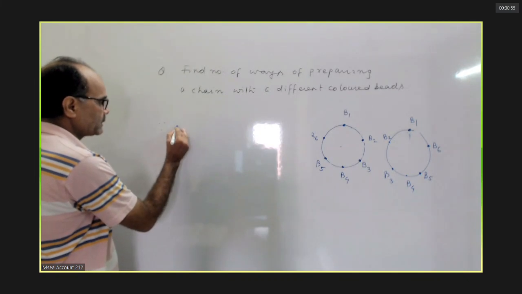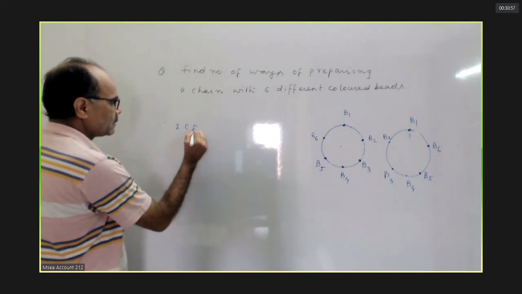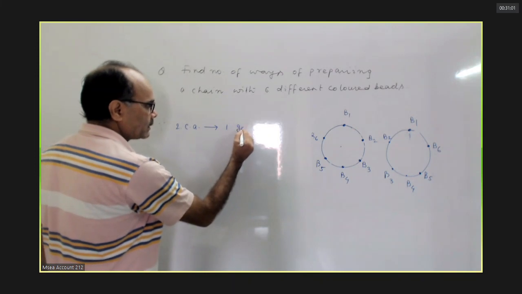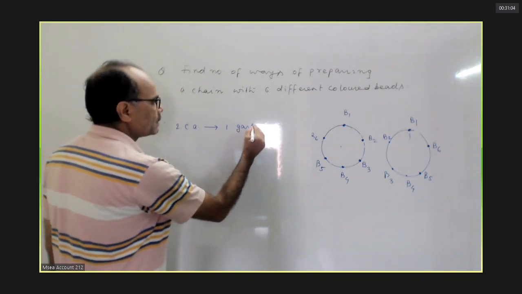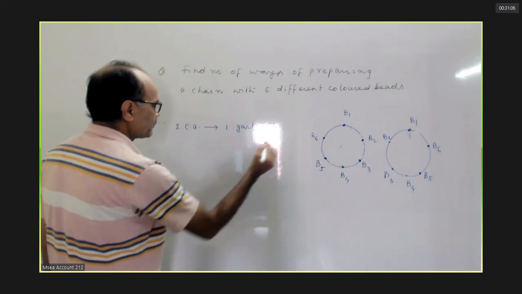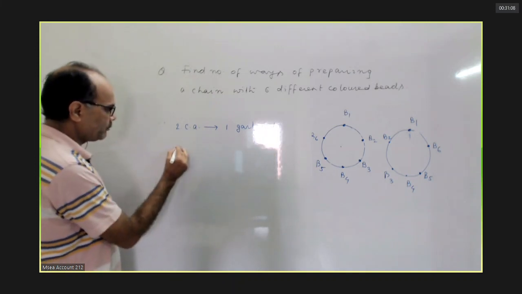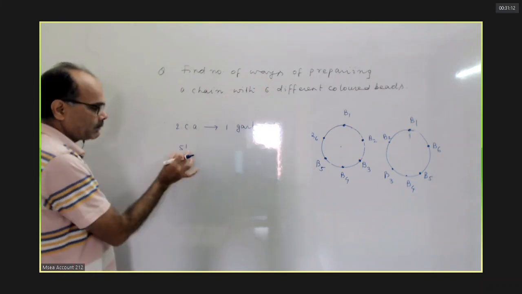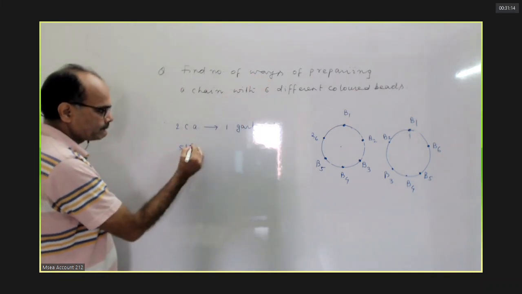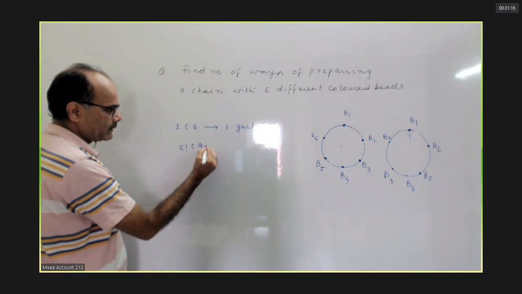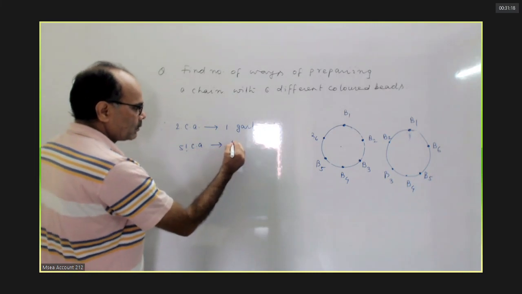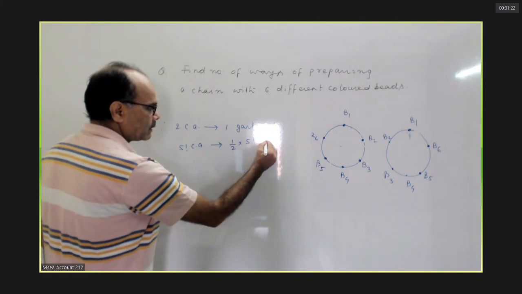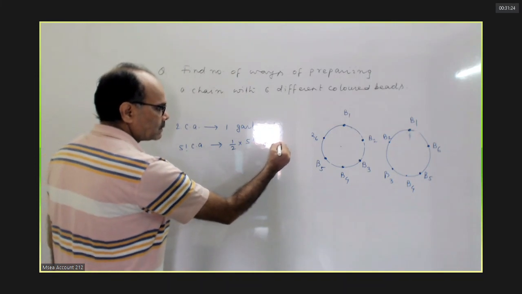So 2 circular arrangements give us 1 garland or 1 chain. Six beads can be arranged in how many ways in a circle? 5 factorial ways. That gives us 1 by 2 into 5 factorial garlands, the unitary method.